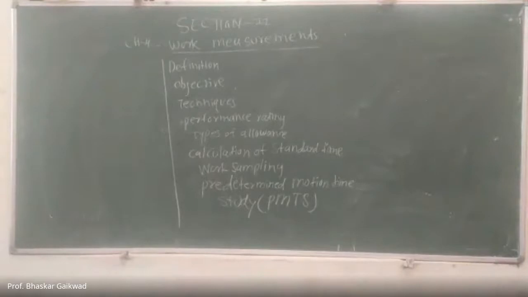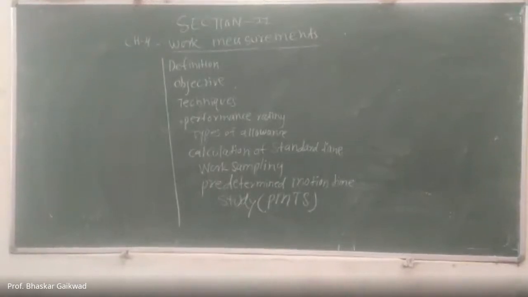Policy allowance, as per the management, certain time is required for meeting purposes. So this is the policy allowance. So by considering this type of allowance, means personal allowance, then contingency allowance, fatigue allowance, policy allowance, these allowances you have to consider.